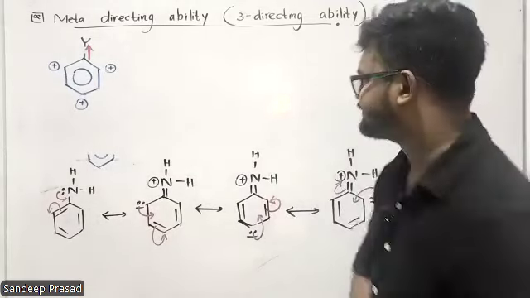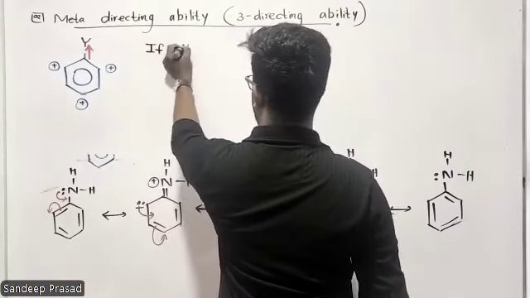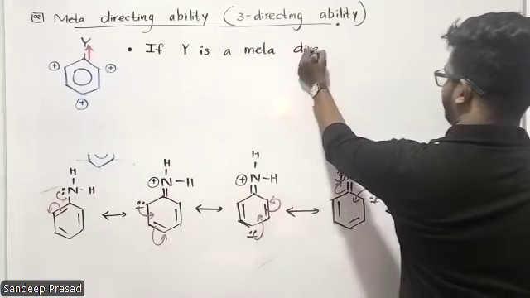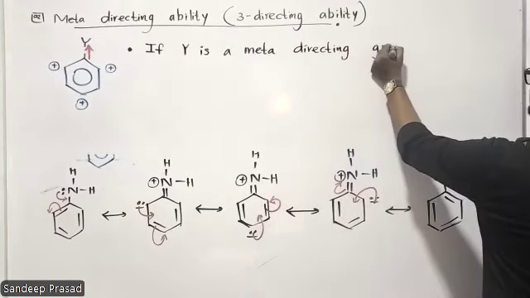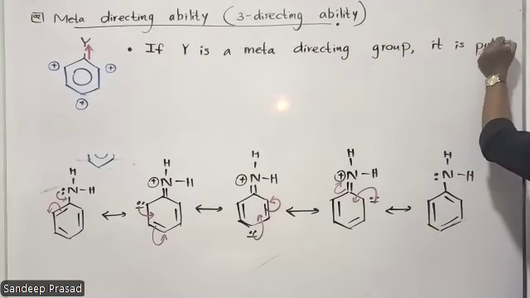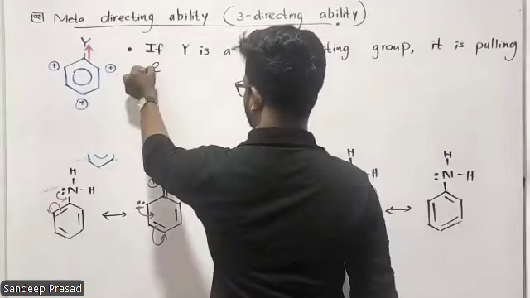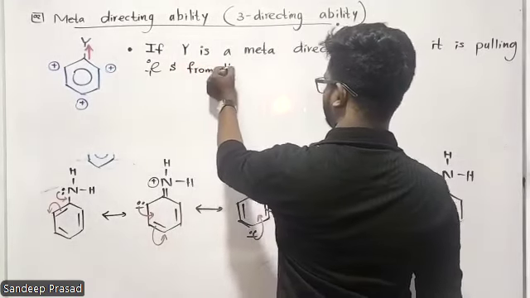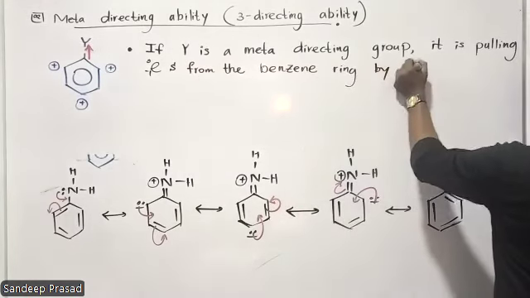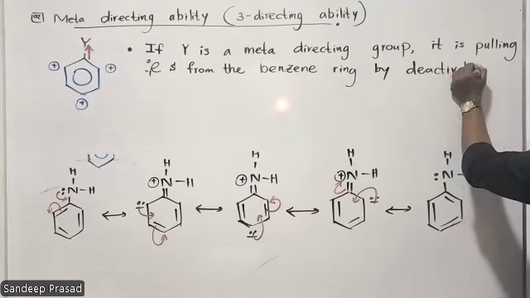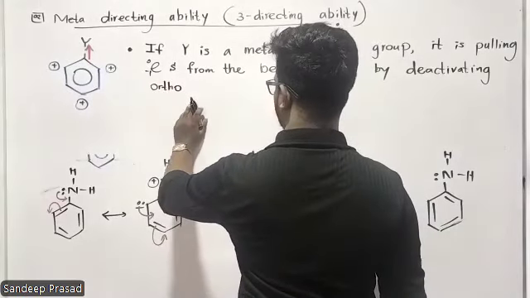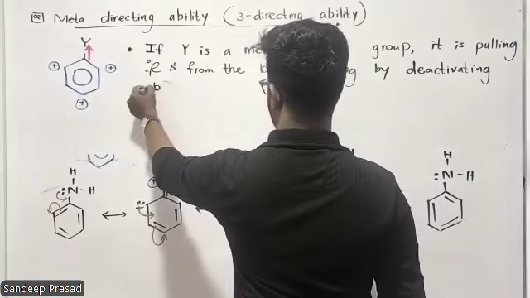Then write down this way. If capital Y is a meta-directing group, it is pulling electrons from the benzene ring, deactivating the benzene ring.